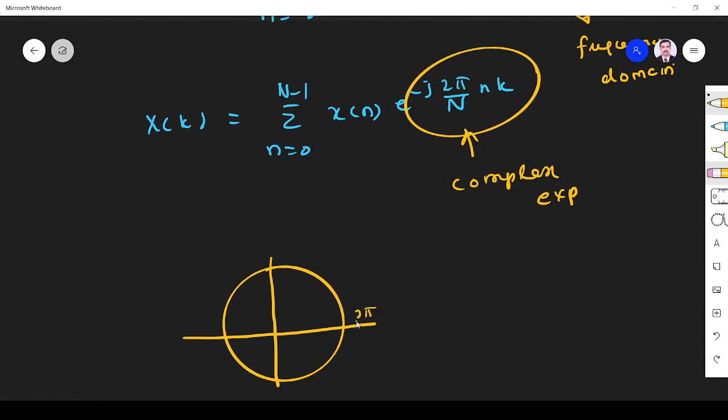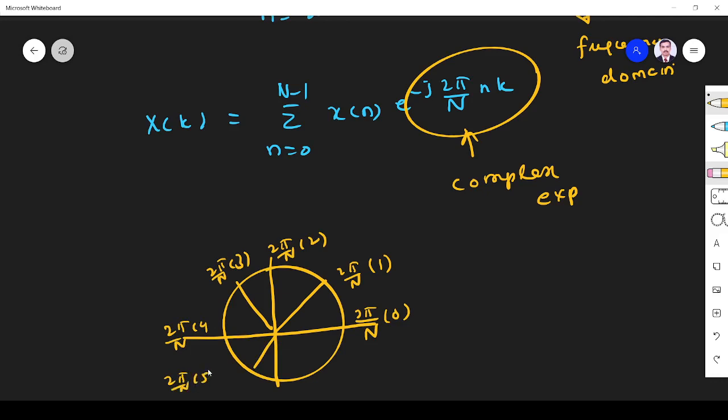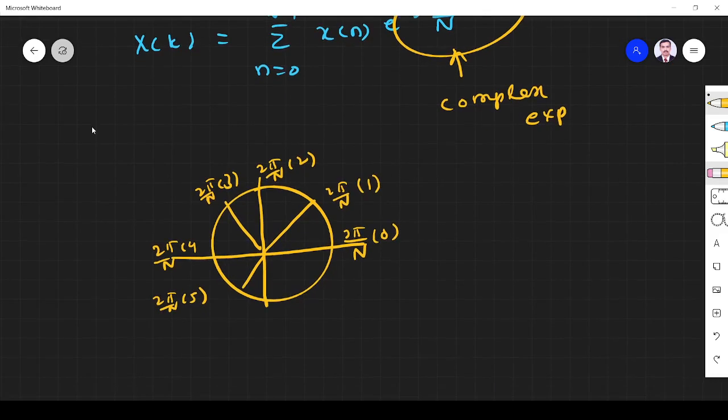So it is like this. This is 2 pi by N into 0. Let us take this point as 2 pi by N into 1, then 2 pi by N into 2, 3, 2 pi by N into 4, 5, 6, and 2 pi by N into 7.